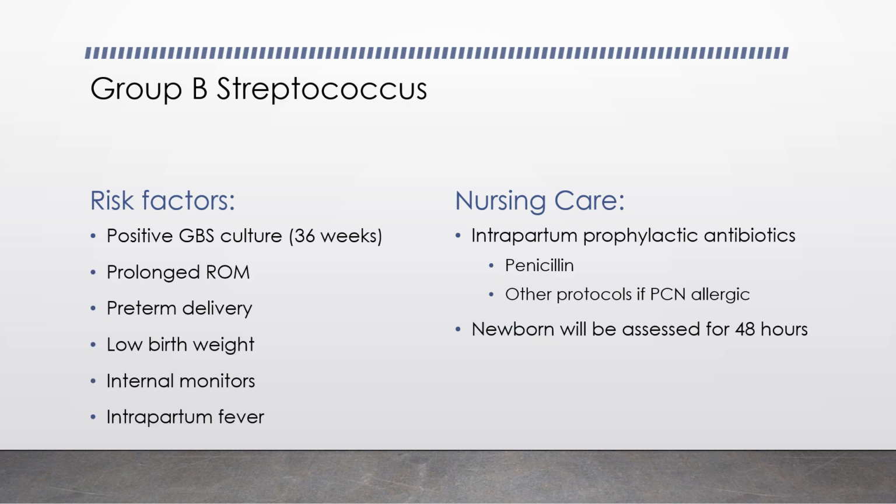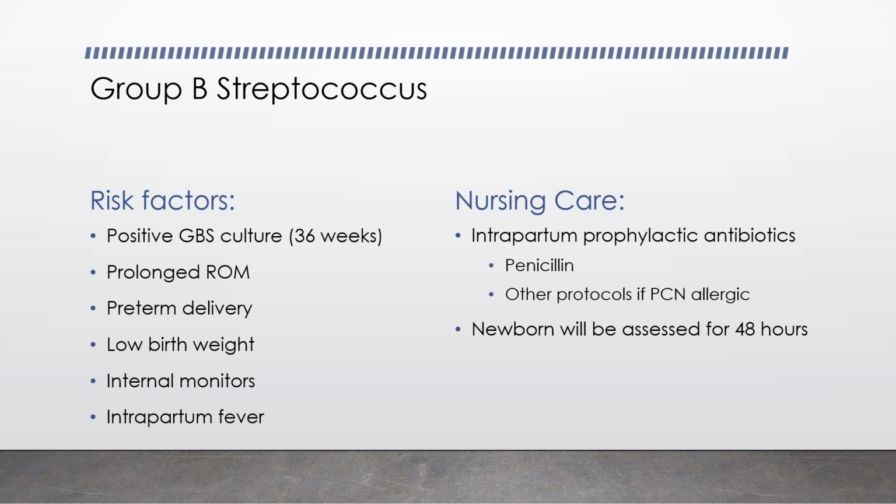I want to spend a little time on Group B strep. We've already touched on it in previous lectures. Typically nowadays, women are cultured for Group B strep around 36 weeks. So they'll do a perineal anal swab and send it to the lab and test for Group B strep.